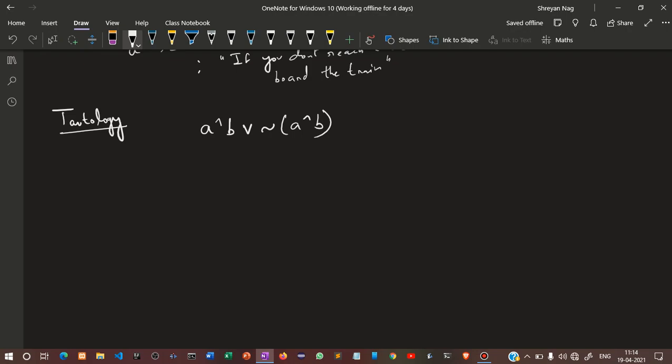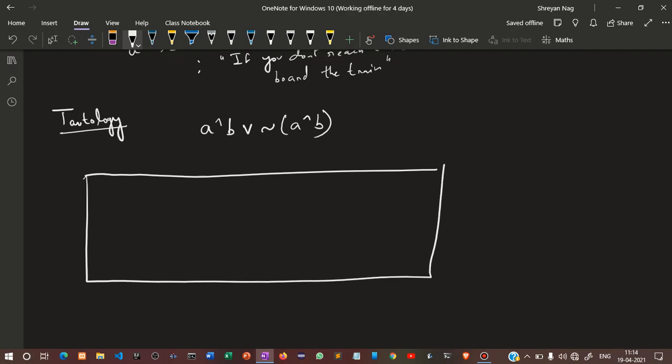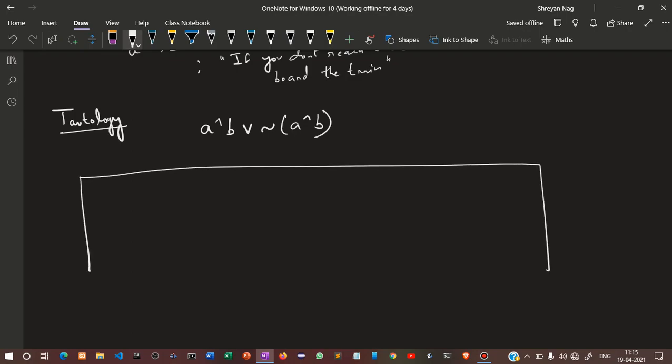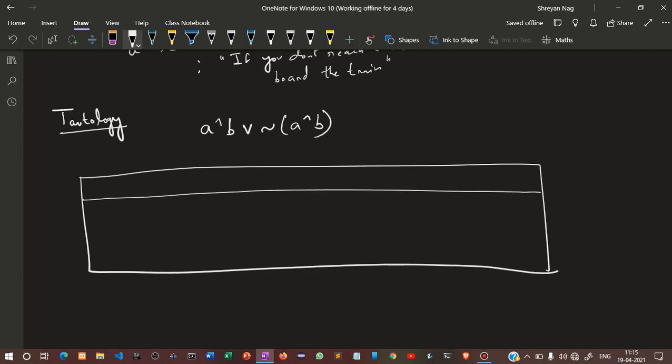So how to solve this? Since there are two variables, we will draw the truth table like this. We will solve this one step at a time. Let us draw the truth table first: A, B, and since there are two variables, four combinations will be there.